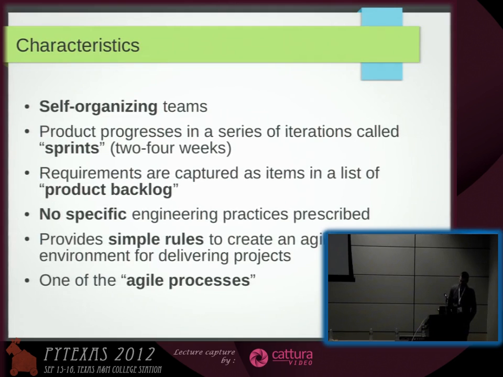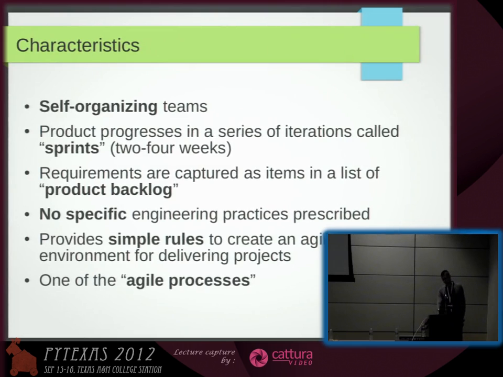The requirements are captured in an item list, which in Scrum terminology is called the product backlog. The next very important thing to know is that Scrum does not require any specific engineering practices. It lets the team choose which practices they want to utilize in order to provide the best value.